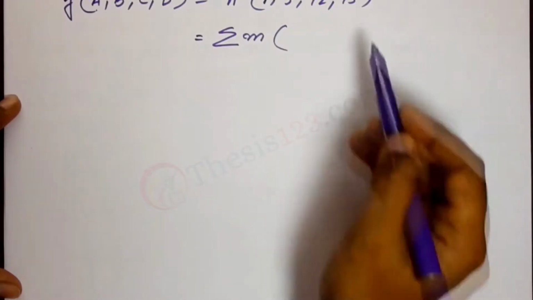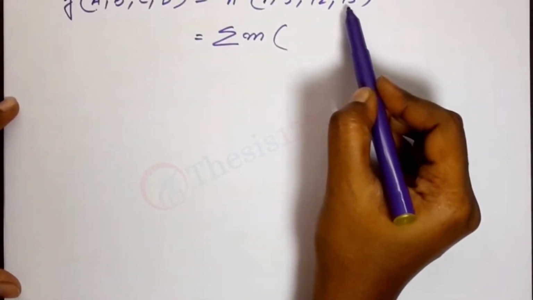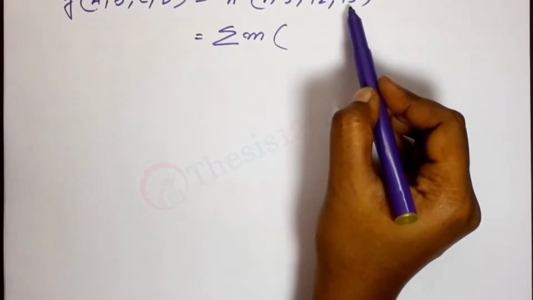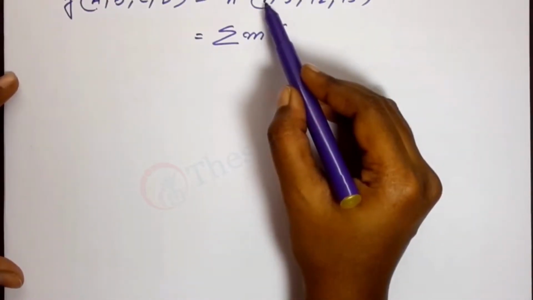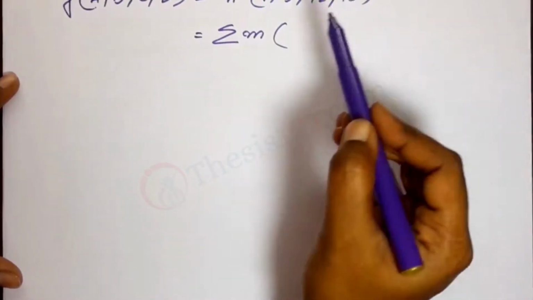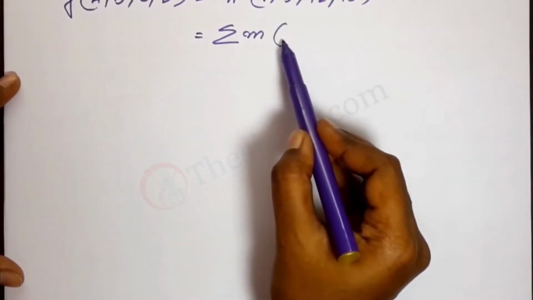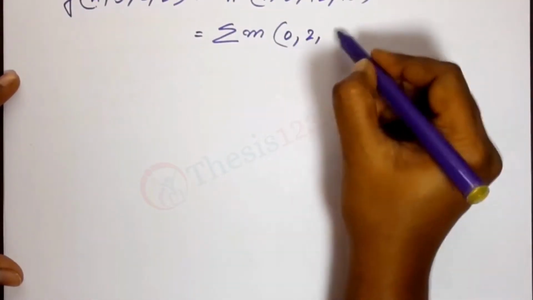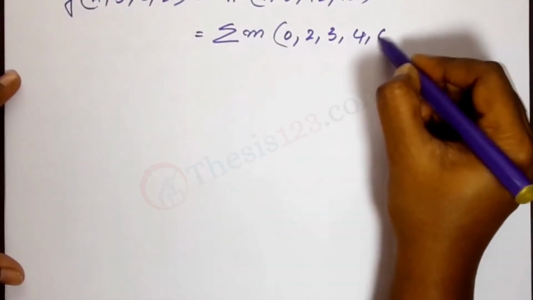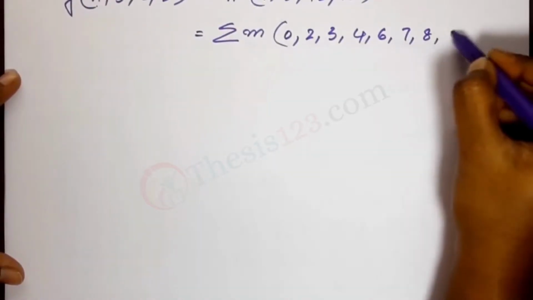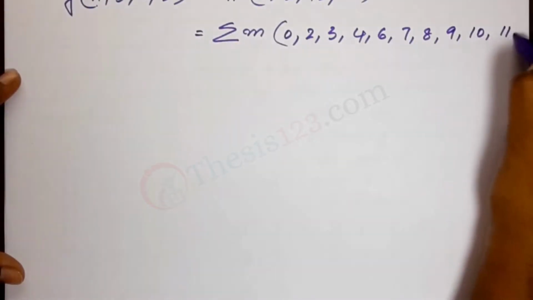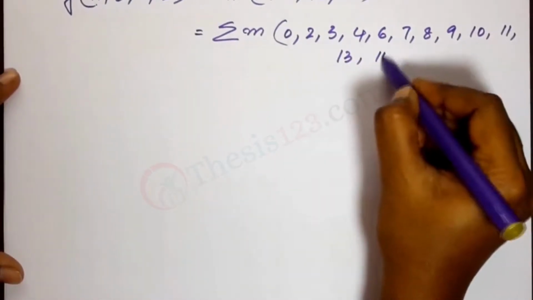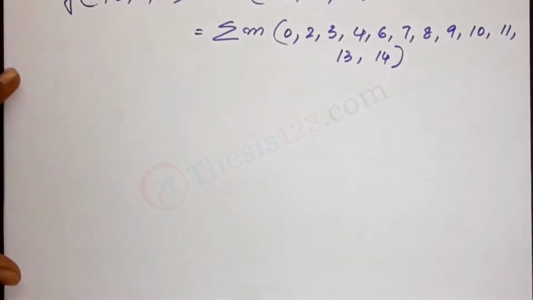So if there are 16 cells, we count from 0 to 15. Now the numbers here are 1, 5, 12 and 15, which means in terms of min-term expression, all the rest of the numbers would be written here. 0, 2, 3, 4, 6, 7, 8, 9, 10, 11, 13, 14. These are the numbers.